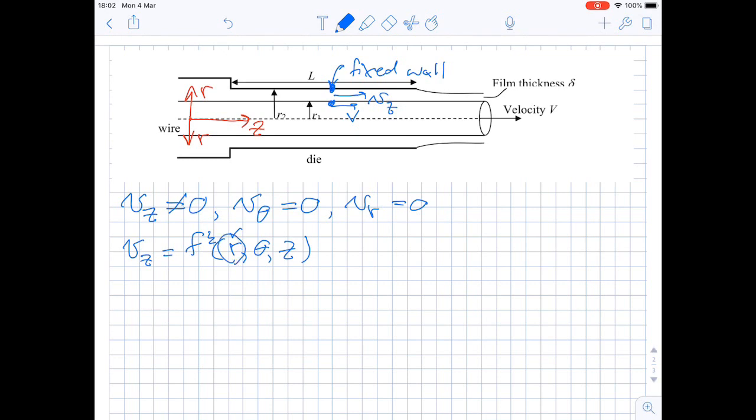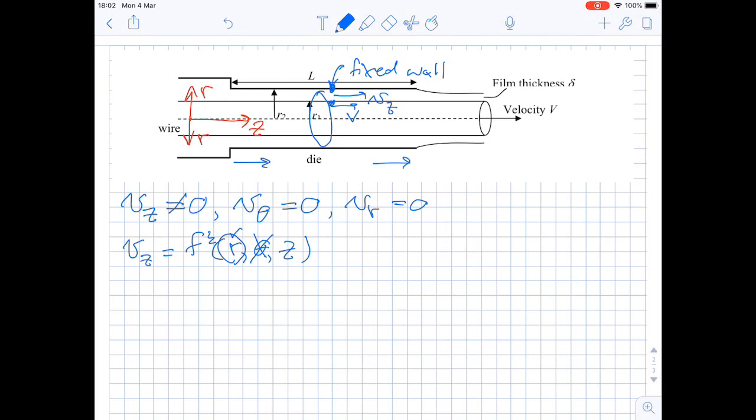Then, if you analyze it further, Vz around the theta direction of the system should be the same according to the symmetry. So Vz should not be a function of theta. And if you consider that the flow of the fluid does not have acceleration, Vz here and Vz over there are supposed to be the same.